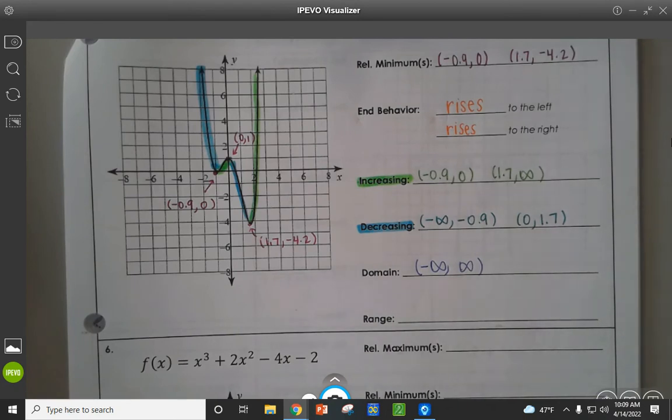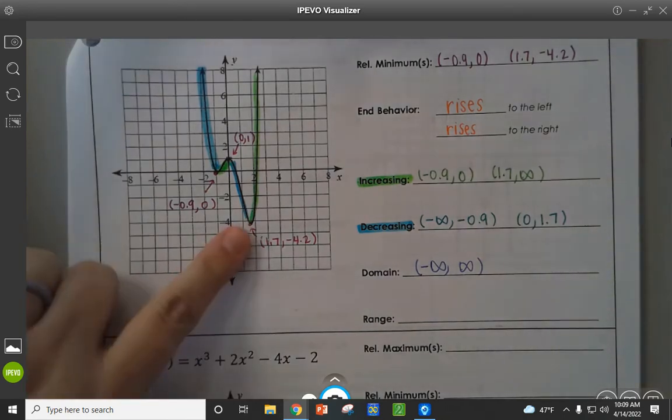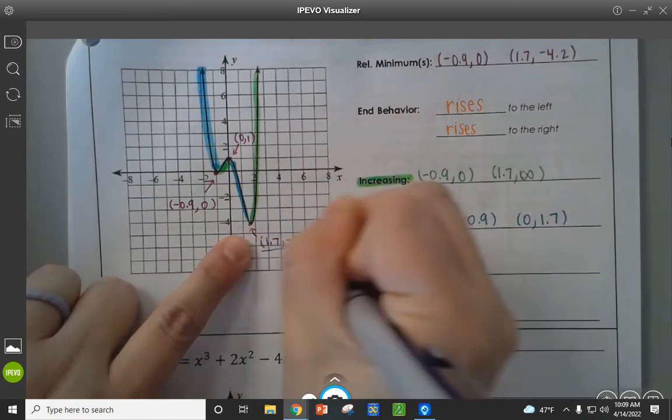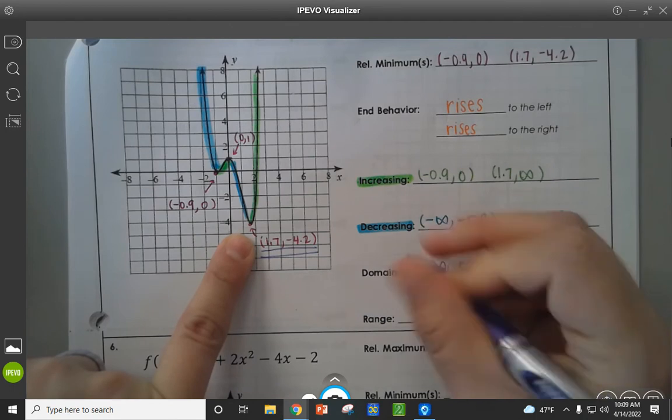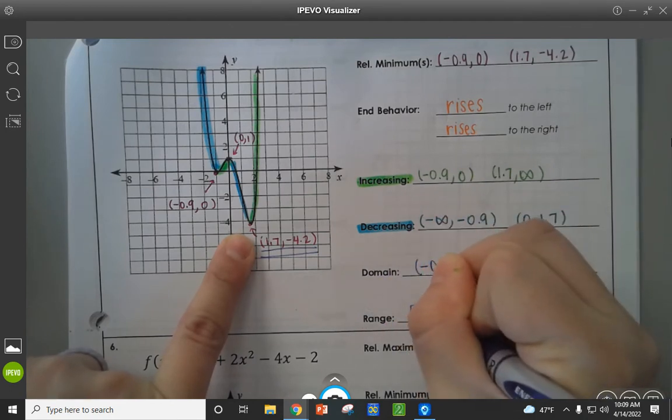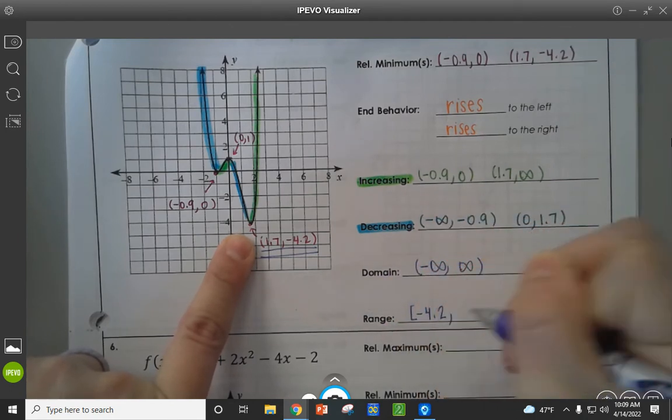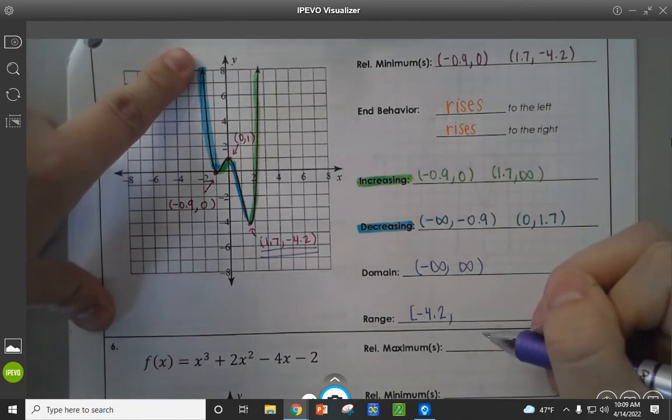What about the range? Do I have an arrow at the bottom? No. So we look at the very lowest point, which is this one. And range is based on what? The y value. So what is that y value? Negative 4.2. What about the top? Do I have arrows?